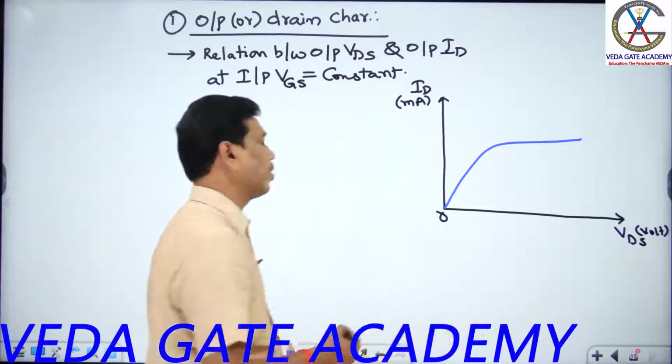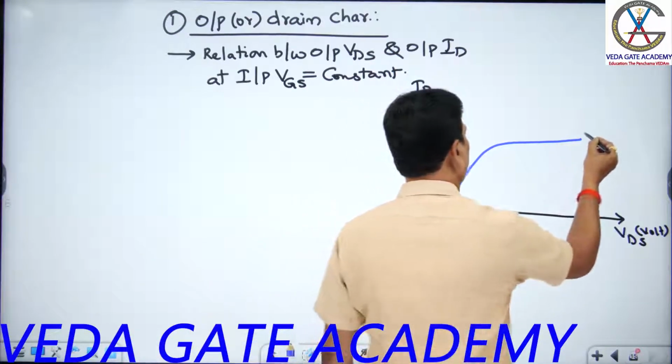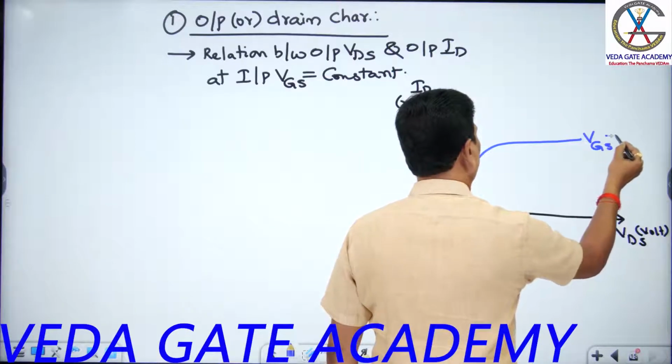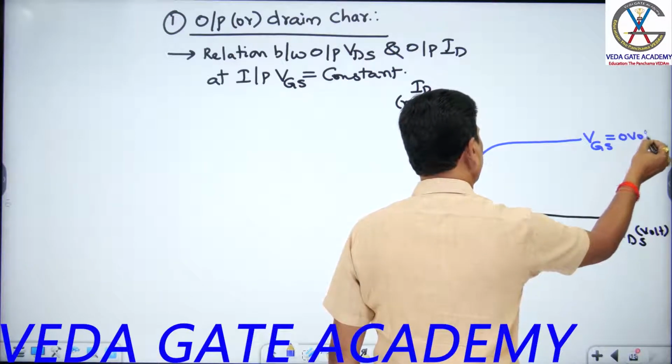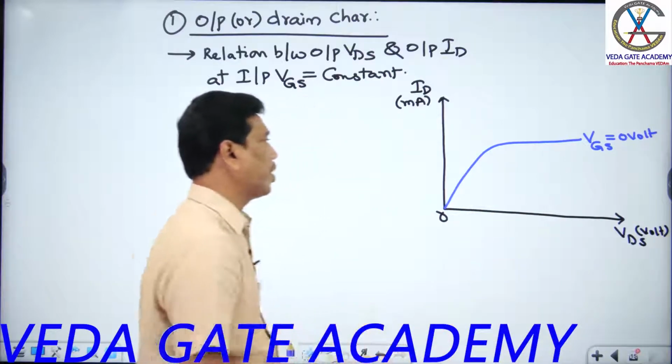This is the graph I made for VGS equal to 0 volt.